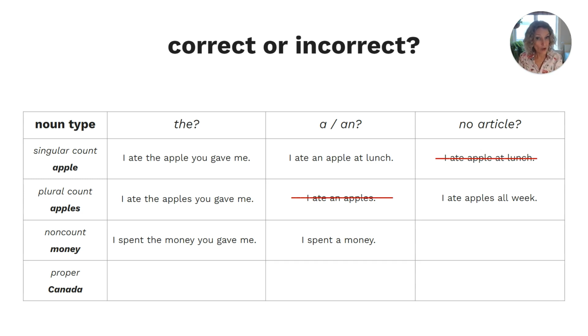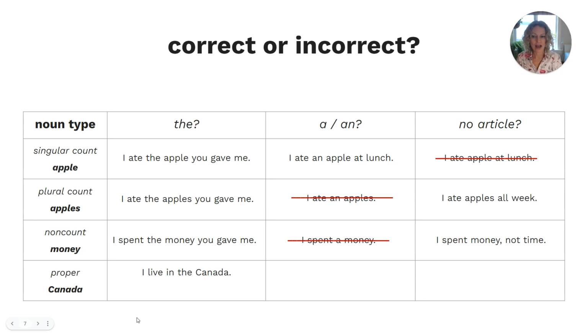So we can't count it, not even one. Okay, so that's not correct. How about I spent money, not time? So is that okay to use no article with a non-count noun? Yeah, no problem. Remember, it's only the singular count nouns that must have an article or a determiner.